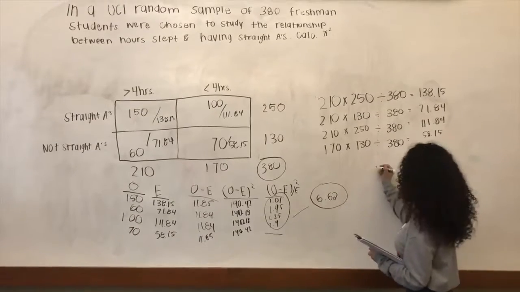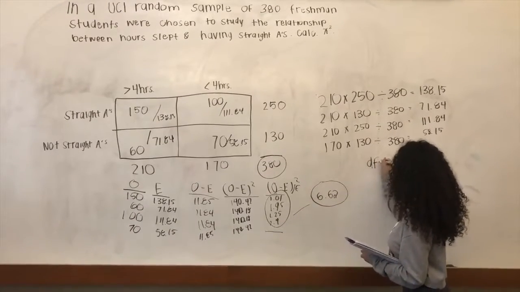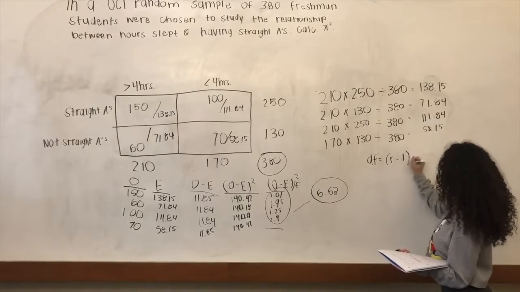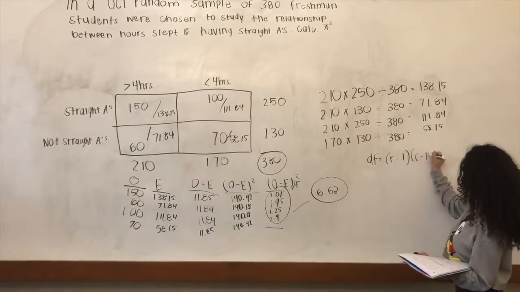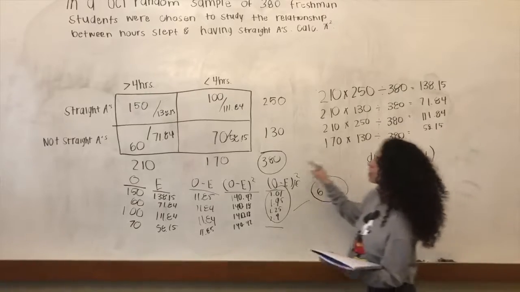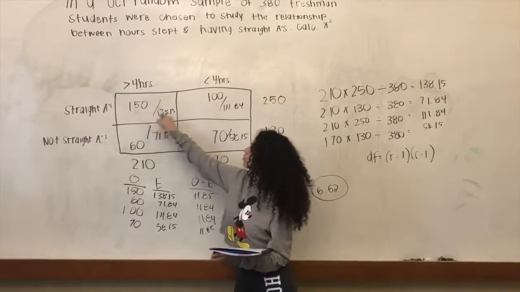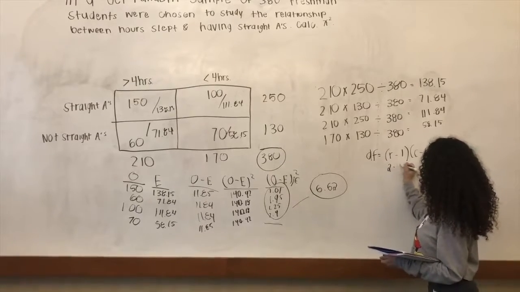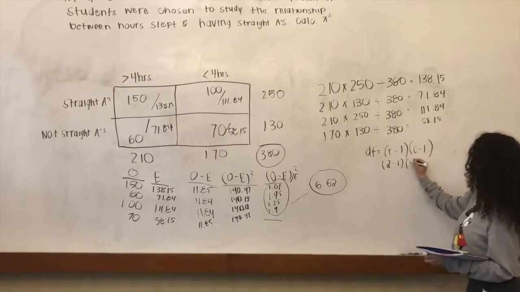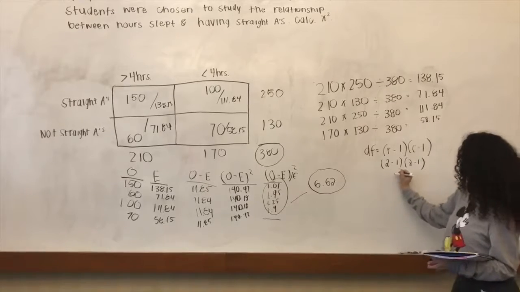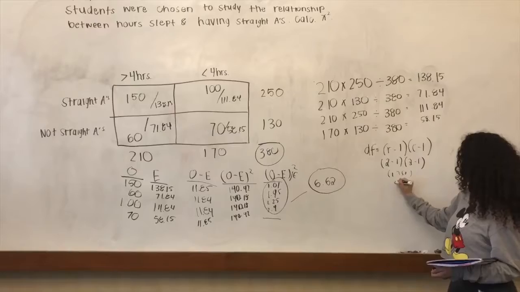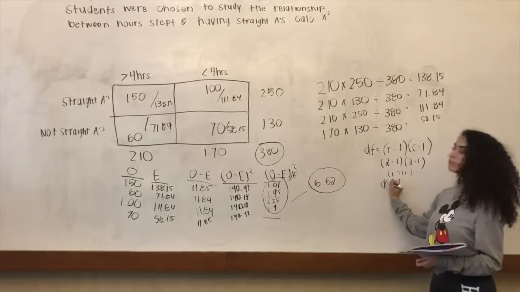The equation is row minus 1 times column minus 1. Because we have 2 rows and 2 columns, we plug in the number 2 for row and the number 2 for column. And 1 times 1 is going to equal 1. So the degrees of freedom is 1.